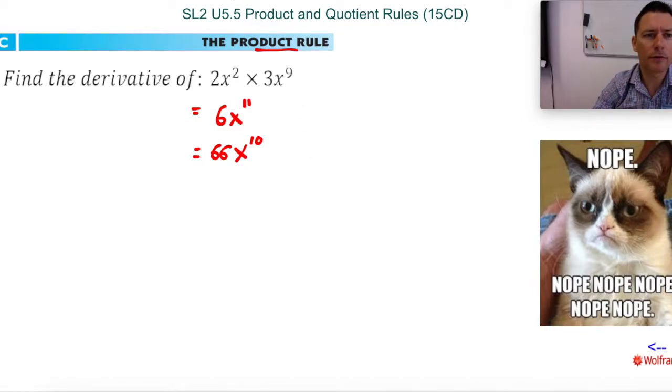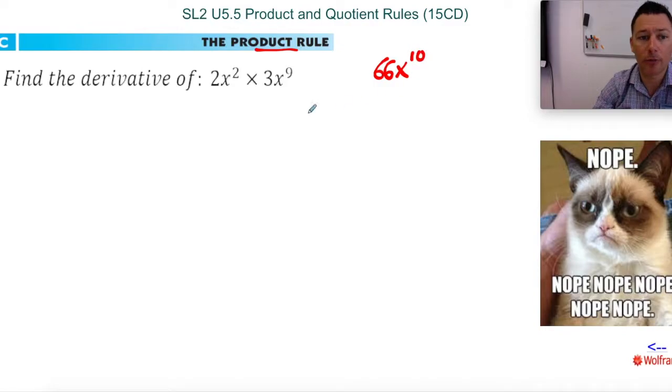If you weren't able to take the derivative of each piece, right? If this was f of x, I want to know is 66x to the 10th what we get when we take the derivative of this and multiply by the derivative of that.